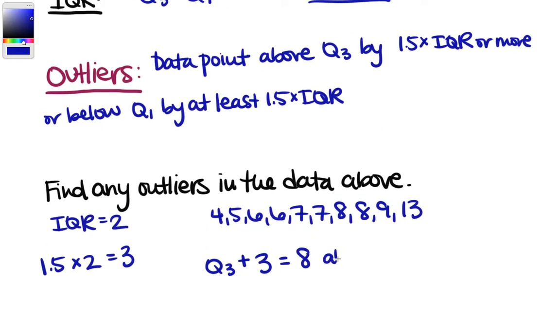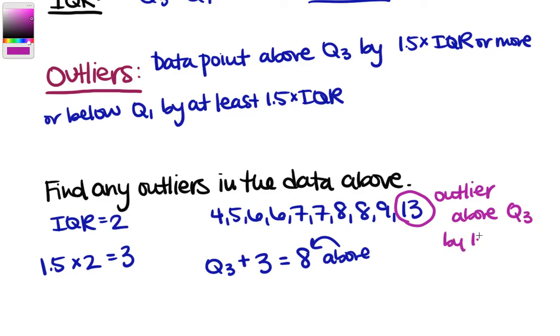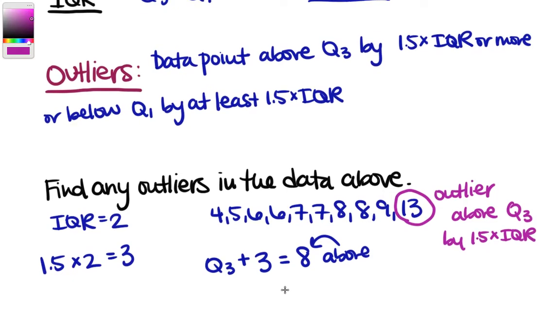Okay, so anything above 8 plus 3 is an outlier, which tells us that this 13 up here is an outlier. It's above Q3 by more than 1.5 times the IQR. Okay, so we have one outlier up top, that 13, which makes sense because who can fit 13 marshmallows in their mouth and say Chubby Bunny?